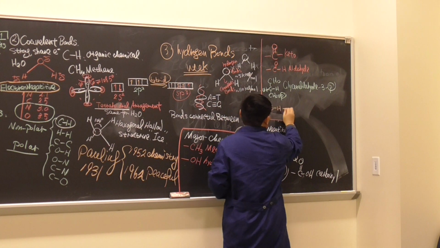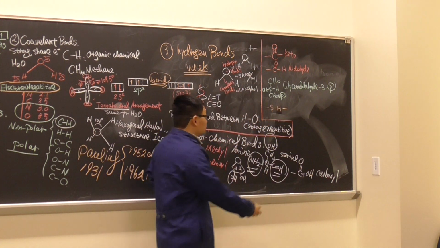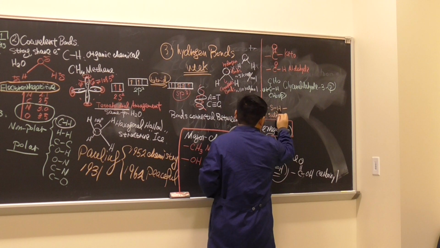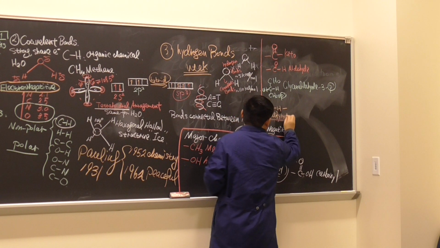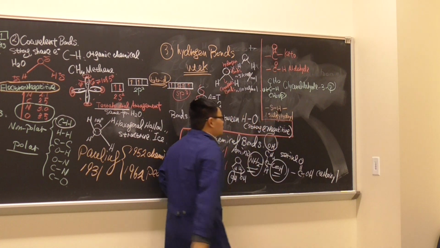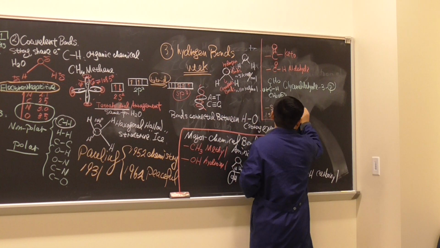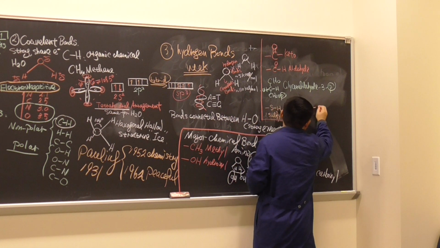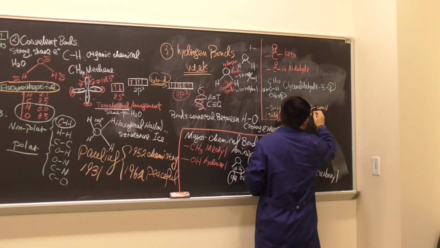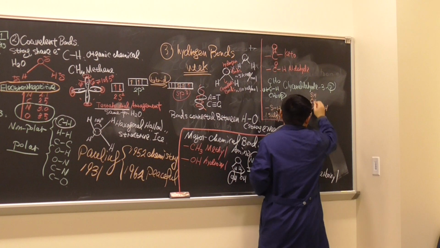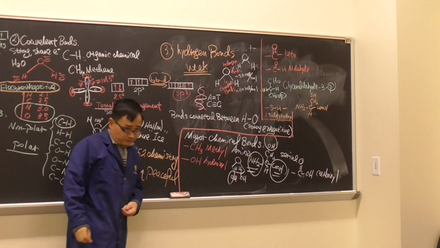What else are we going to talk about? How about this guy? SH. That's called sulfhydryl. So easy. Again, do you remember this amino acid? We'll go over all of them, okay? What's the name of this one?